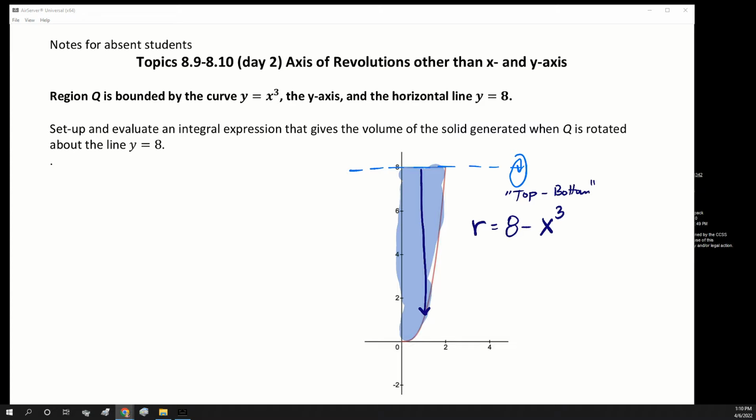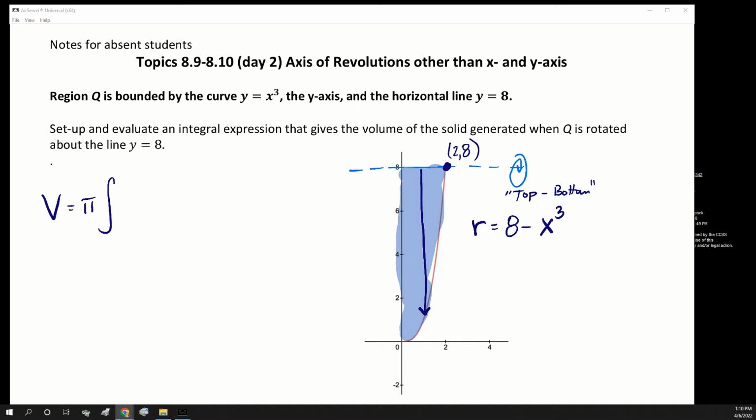When we set up our integral, all these revolutions always form circles of some sort, so it's pi times the integral. We do need to figure out this point right here. It looks like it's 2, but let's make sure. I do know the y is 8, and the number that you cube to get 8 is 2.